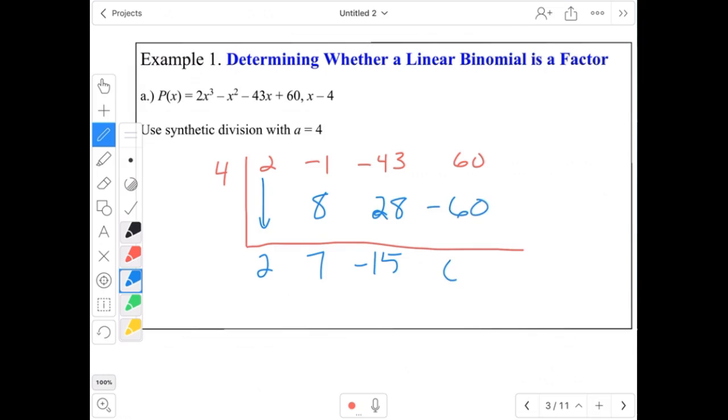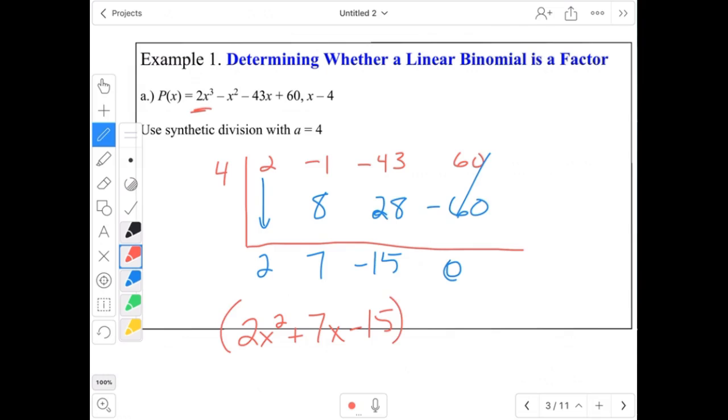So because this last term is 0, or these would cancel each other out, our remaining little piece here, since x cubed was the highest power, this drops down 1 power since we divided by a linear binomial. We have 2x squared plus 7x minus 15. So that would be kind of a piece that's left over.